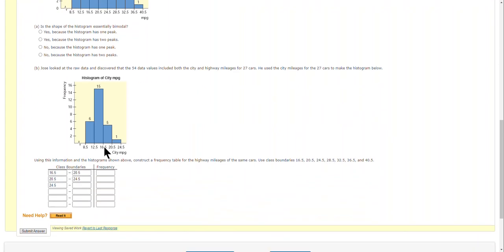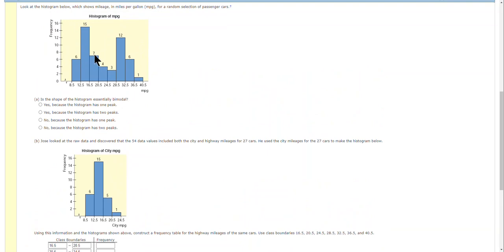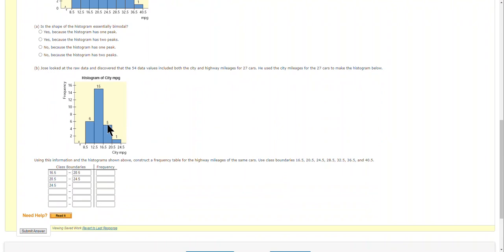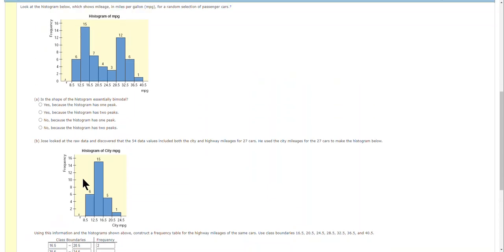From 16.5 to 20.5, there are 5 vehicles for just the city. So if I take 7 from all minus 5 from the city, that would leave me with 2 from the highway.